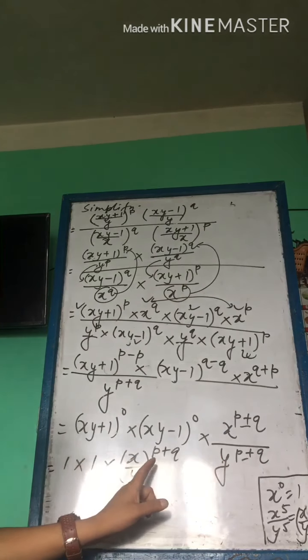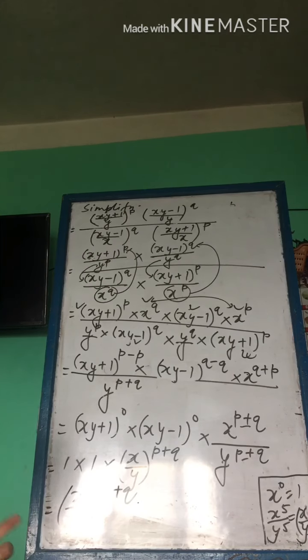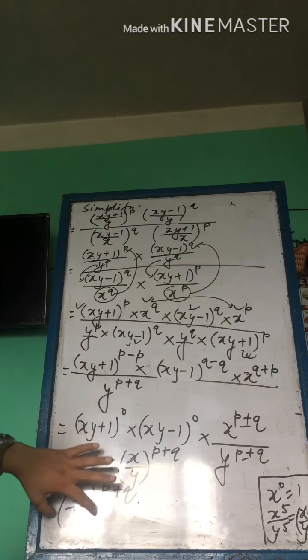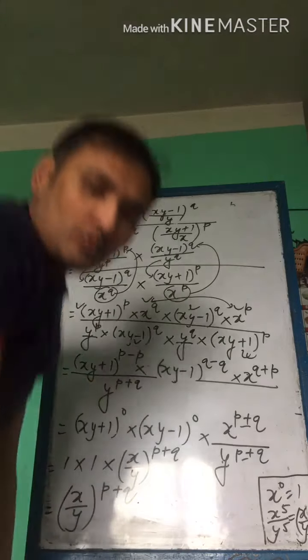This can be written in this form, that will be equal to (x by y) whole to the power p plus q. So this is the required answer or required solution for the indices. This is a simple form of the problem. So this is simplify. Simplify means reduce by using different algebraic operations. This is also a very important question.